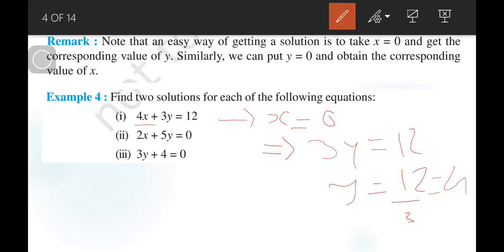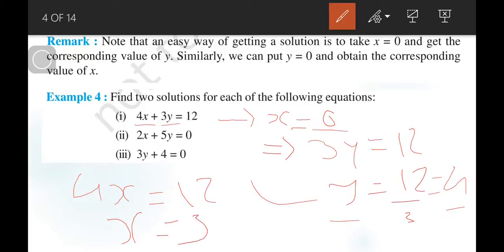So corresponding to x equal to 0, you get y equal to 4. This is the first solution. Alternatively, if you put y equal to 0, you get 4x is equal to 12. Then you can find x is equal to 3.